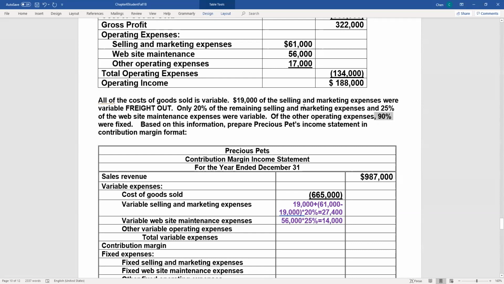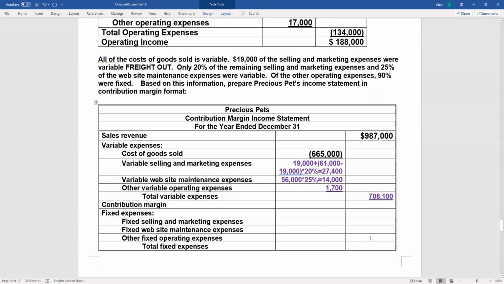And other variable operating expenses, 90% were fixed. So we have a total of 17,000. 90% were fixed. That means 10% are variable. So 10% of 17,000 is 1,700. And then if you calculate the total of these, it should be 708,100.